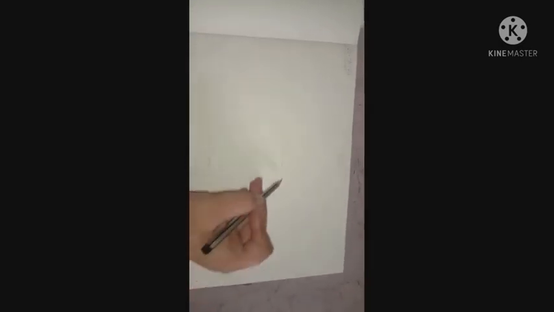Now from here we will give a little curve to our C like this, and now we will make an opposite C.